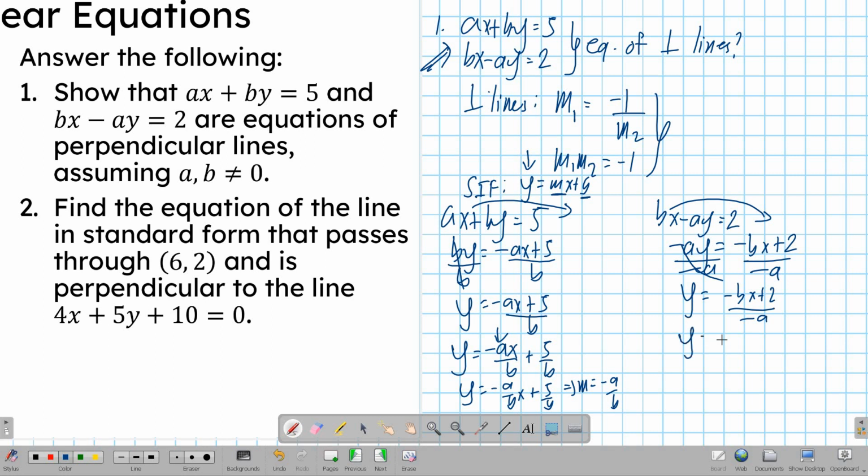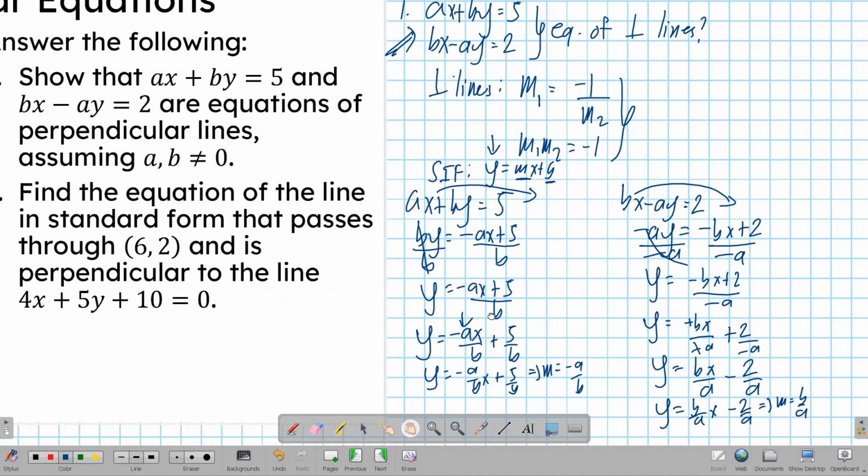So therefore, y will be equal to negative bx over negative a plus 2 over negative a. And simplifying this, we're going to have y is equal to bx over a minus 2 over a. Kasi yung etong negative makakancel. Ito naman, that's 2 over negative a, hindi magiging minus to. So therefore, this will become y is equal to b over a x minus 2 over a. And this shows that the slope is equal to b over a.